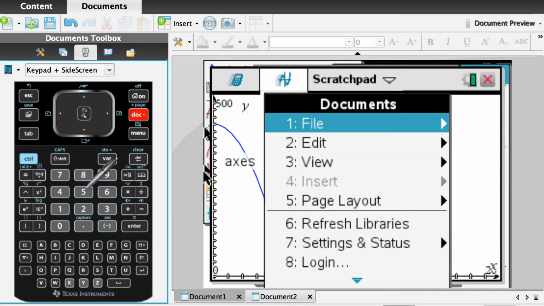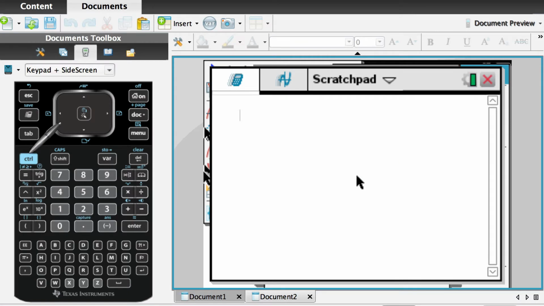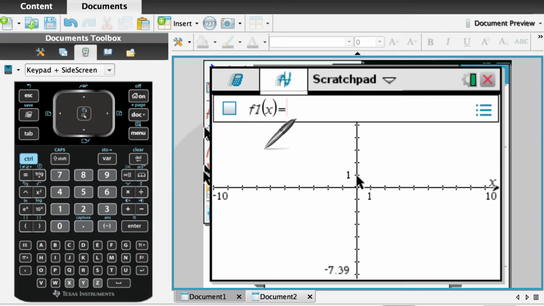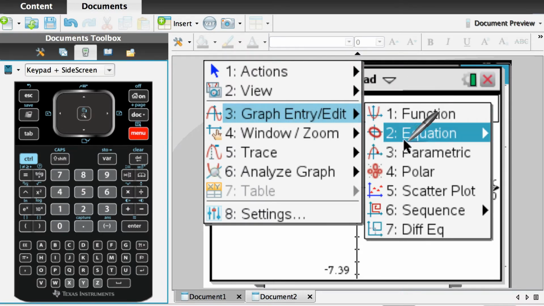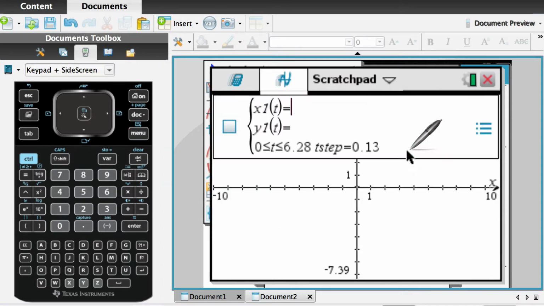And so let's say we clear this out and we go back into our calculator, and now we're going to do something. We're going to change our calculator into a different graphing mode. We're going to say parametric. And what we'll do is we will let our x be any random number. So we're going to fix our x to be 3 or 4 or 5 or whatever you want.